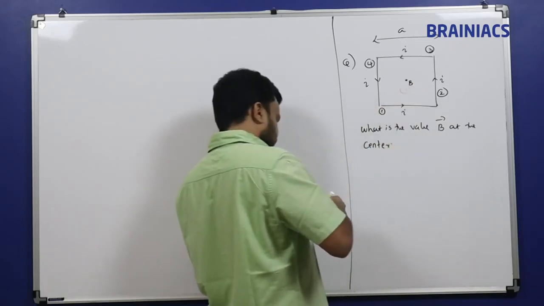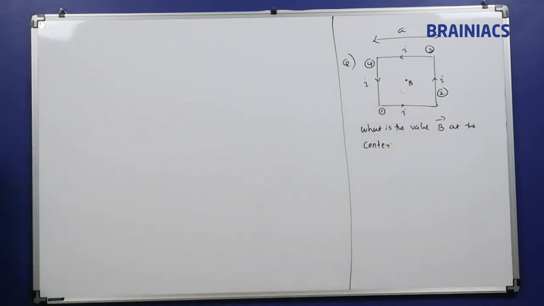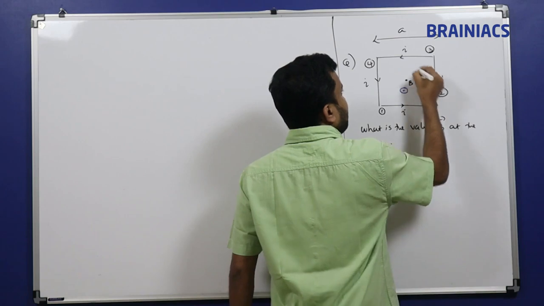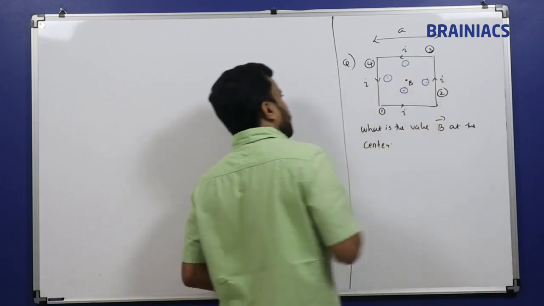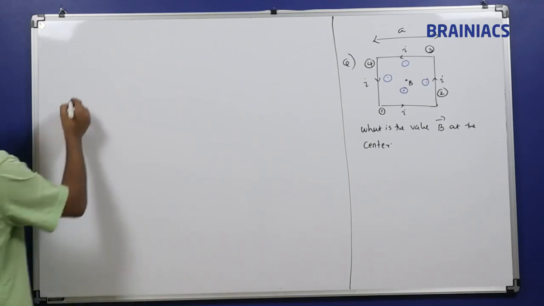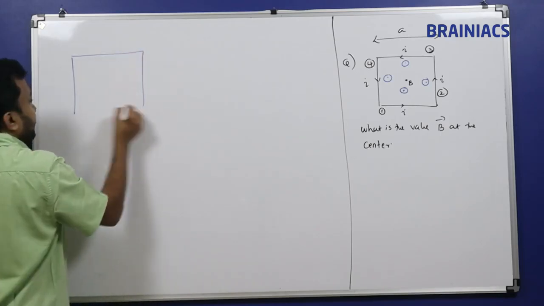My pen is not working as expected. Let me take another color. Perfect. So this is outside, this is outside, this is outside, and this is outside. So 4 outside magnetic fields will be here. Okay, we'll redraw the diagram like this.